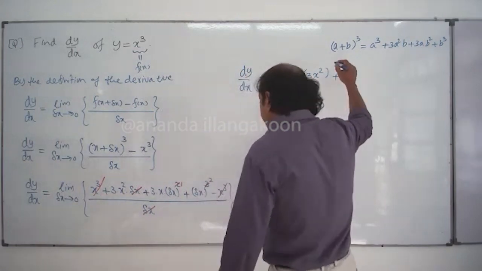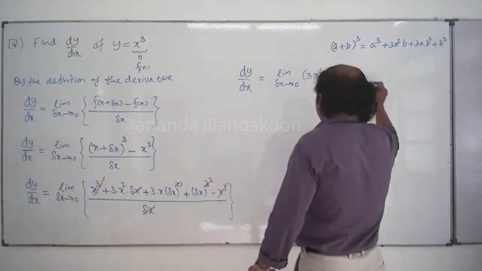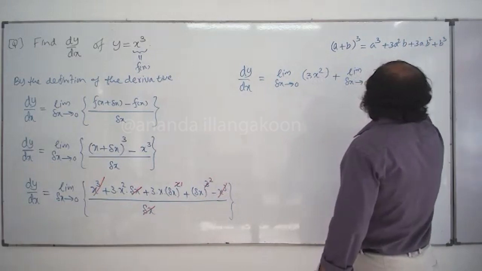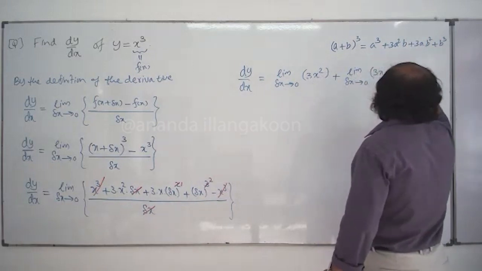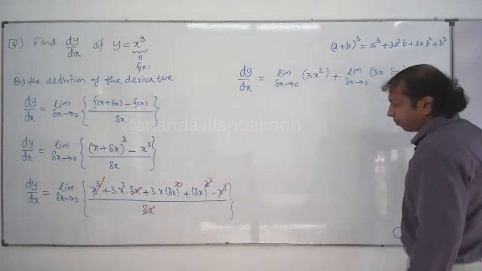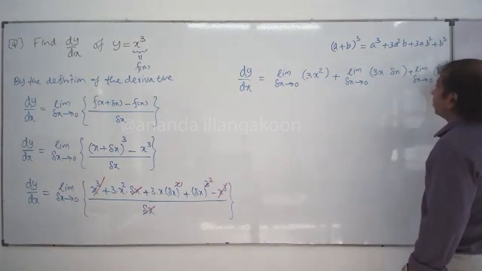And next one, limit delta x going to 0 of 3x into delta x. Next one, limit delta x going to 0 of delta x squared, like this.